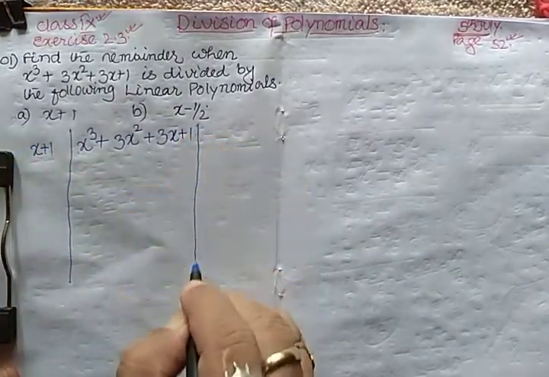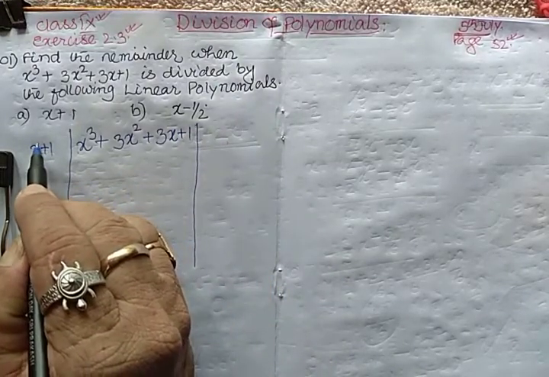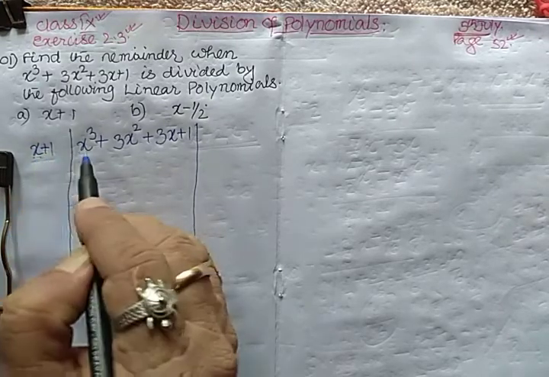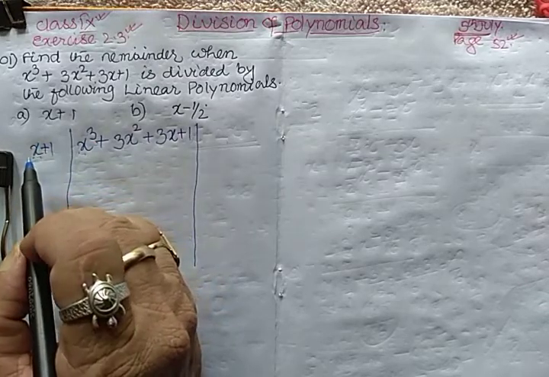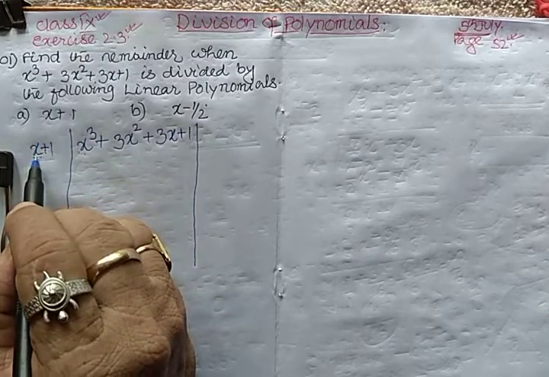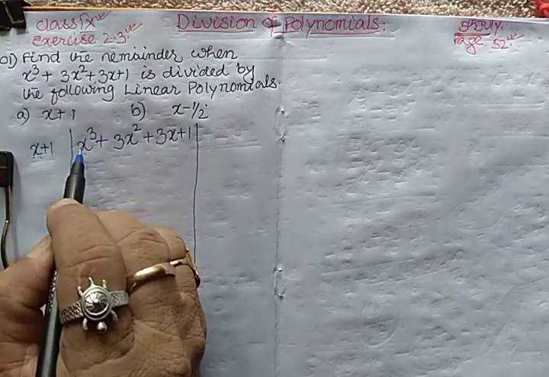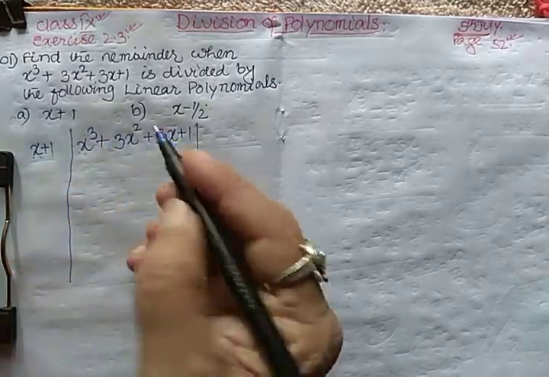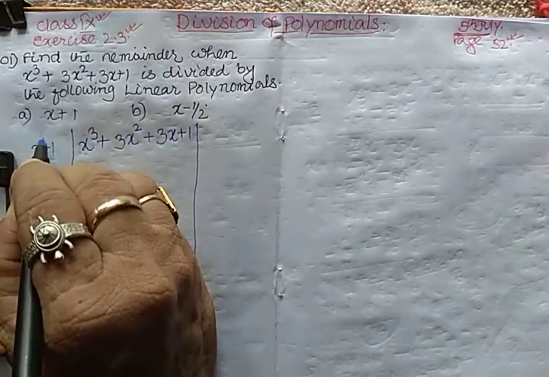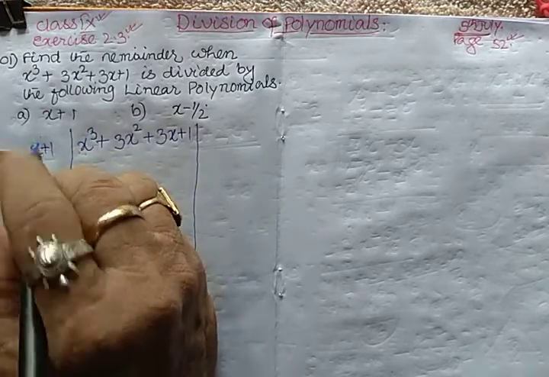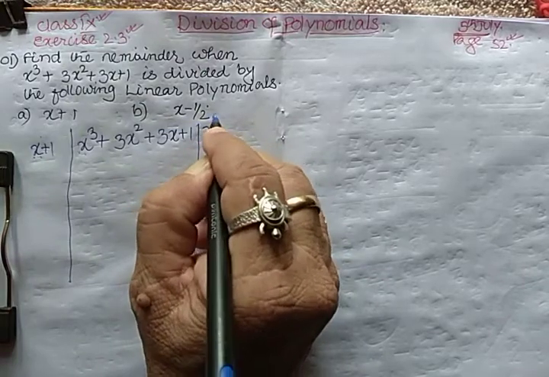Now what should we do? Listen carefully. Multiplying x by what term, you get x cube? Very simple. Here the power is 3, here the power is 1. 3 minus 1, how much? 2. And you have to multiply by x square.